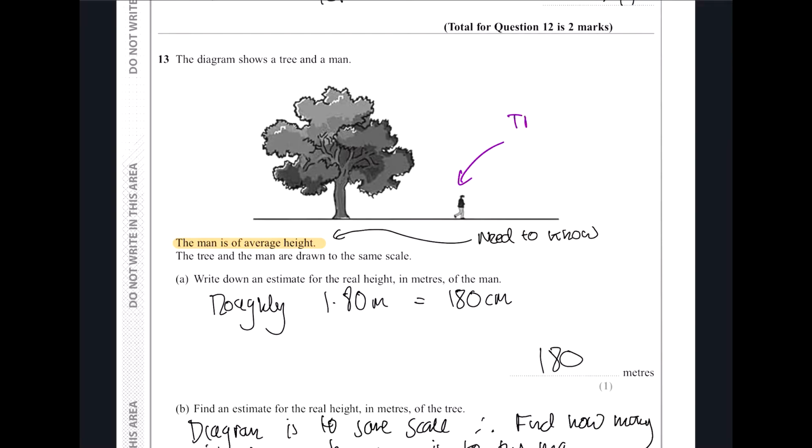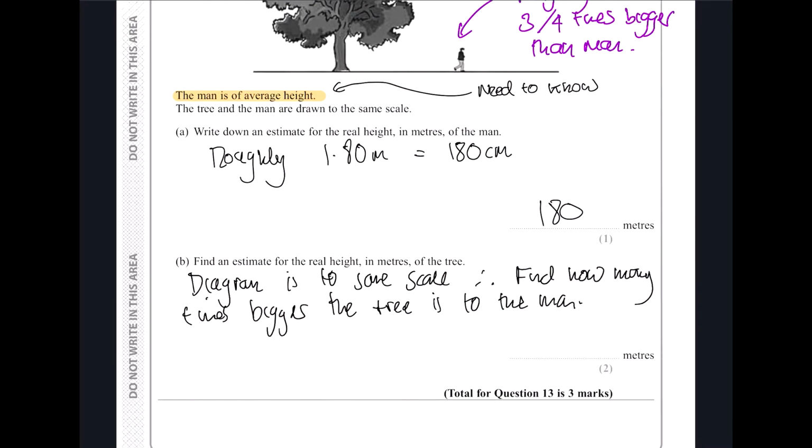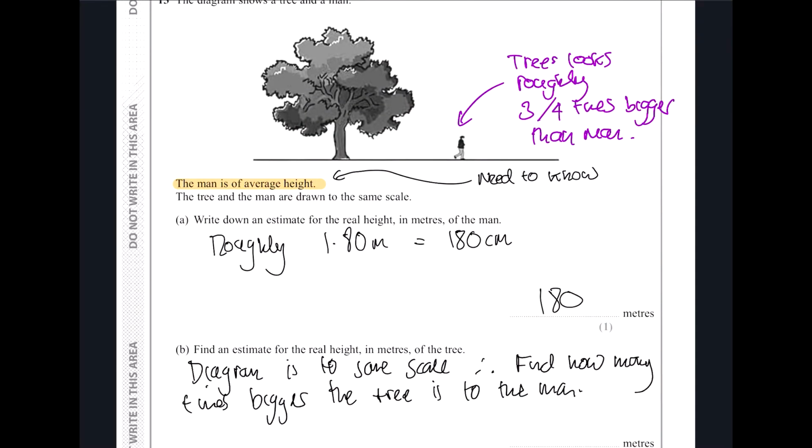So we could say the tree looks roughly 3 to 4 times bigger than the man. We know the man is roughly 1.8 meters tall, and I'm going to use the upper bound. Again, I might be wrong. It might be slightly bigger, let's say 5, but I'm just going to say 4.